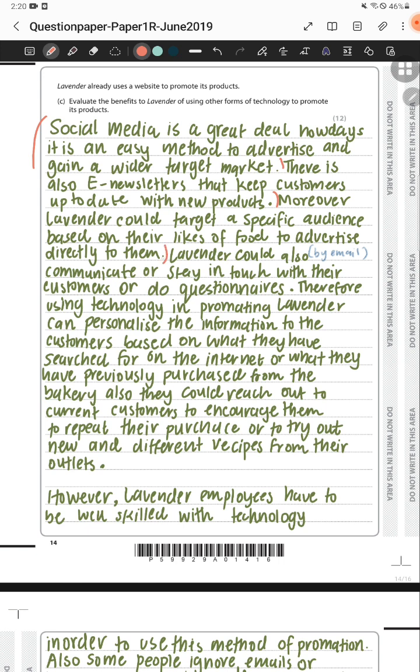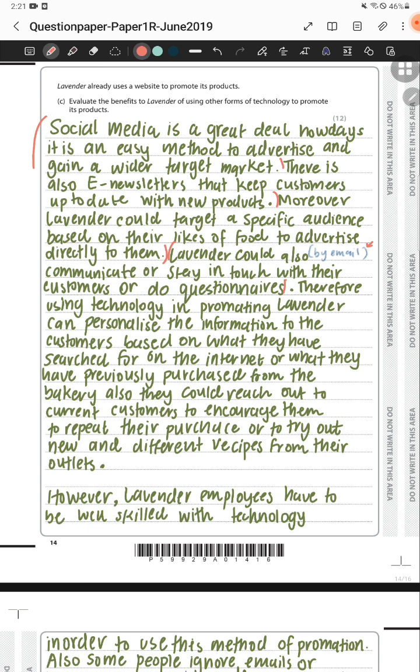Okay, another one. Lavender could also, by email, sorry, I forgot to add this, communicate or stay in touch with their customers or do questionnaires. And this is another one. It doesn't really have to be by email, but it's usually done by email.